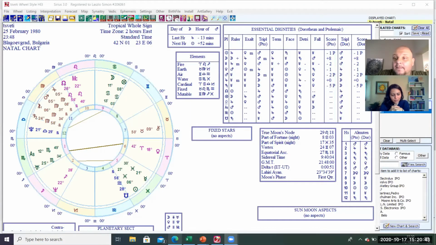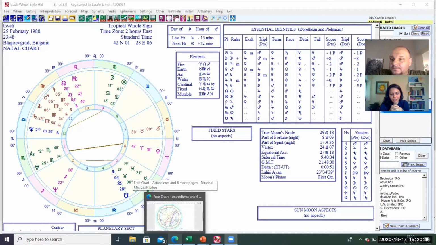Well, maybe I will first have to say something about declinations, as a reminder for those who haven't seen the out of bound planets video. It's important to know that we are looking not at the planetary degrees, which are determined by the longitude, but rather at the planetary declination degree, which is determined by the latitude.